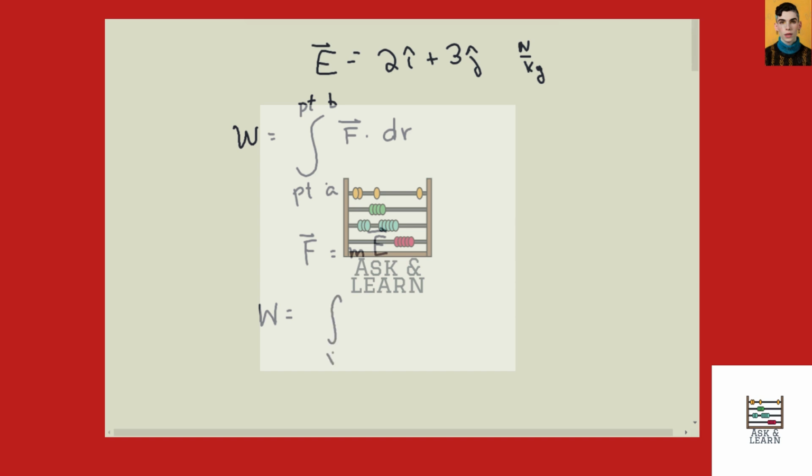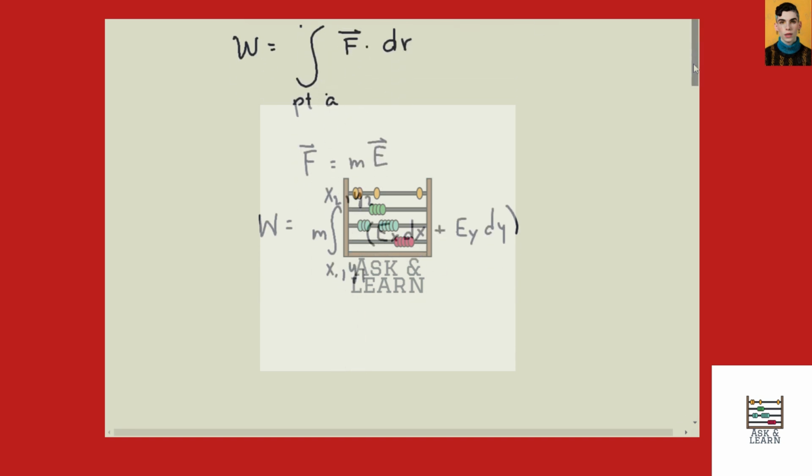And we're going to go from x1, y1, let's spell out the points a little bit more, to x2, y2. And the m comes out, assuming it's a constant mass. But we have Ex dx plus Ey dy. Okay, and in general, you have to be given some specifics about that field.